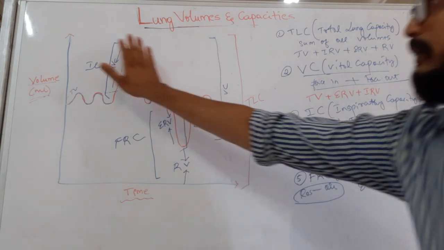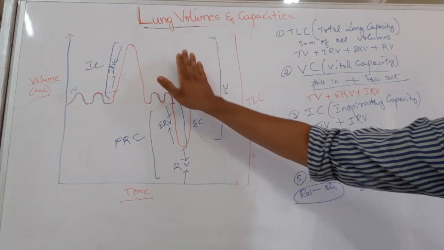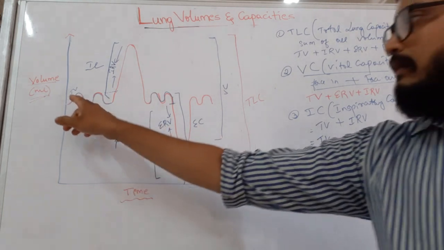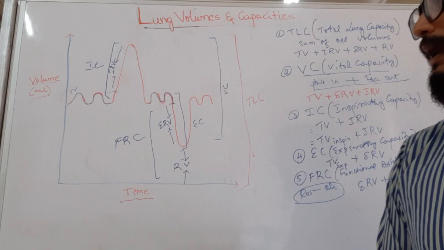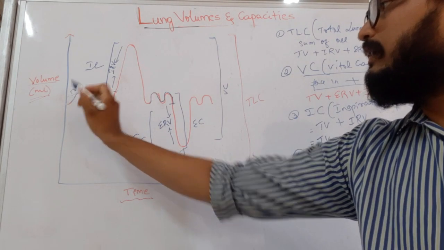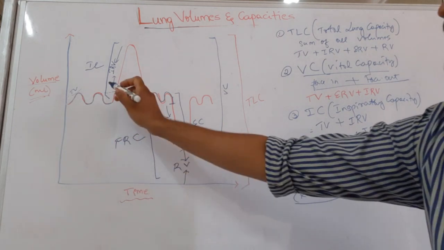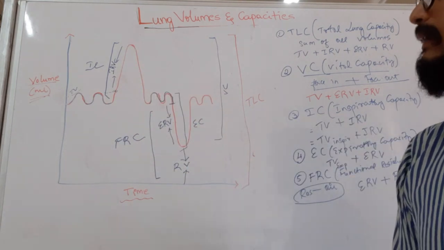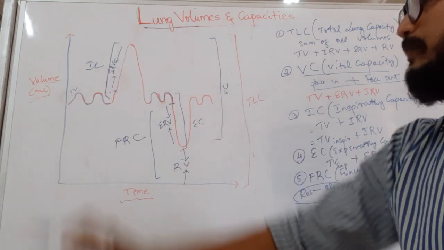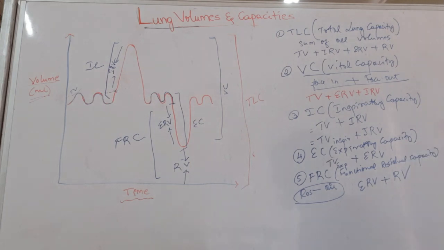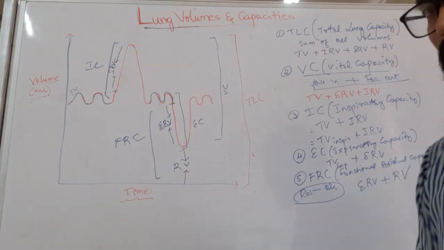So, again, coming to the lung volumes and capacities in this graphical representation, the amount of air moving in and out during each respiratory cycle is tidal volume. The extra amount of air that is breathed in is inspiratory reserve volume. The extra amount of air that is forcefully expired is expiratory reserve volume.